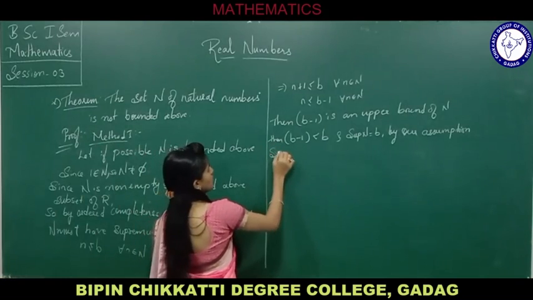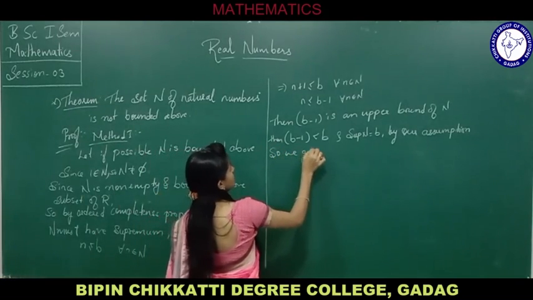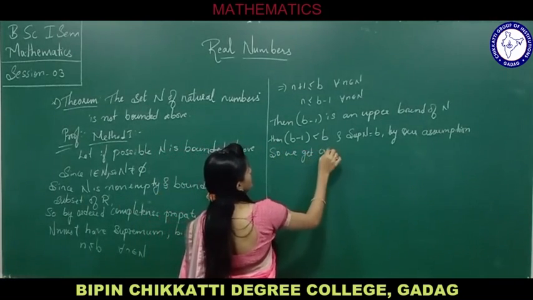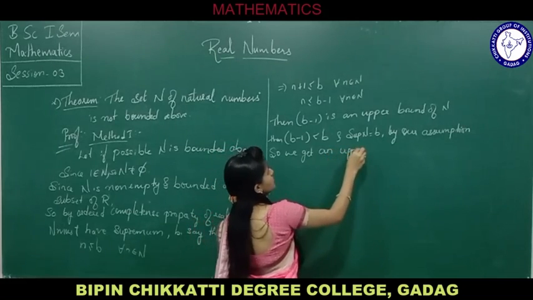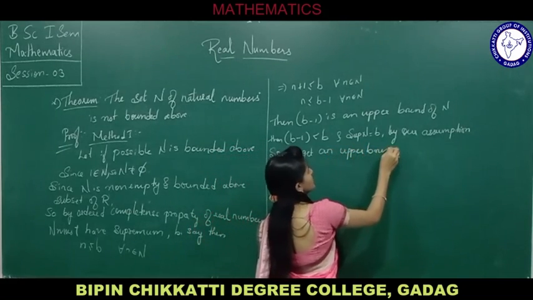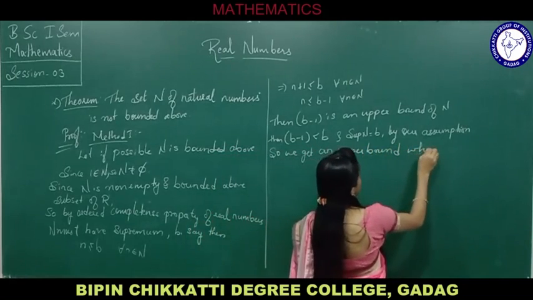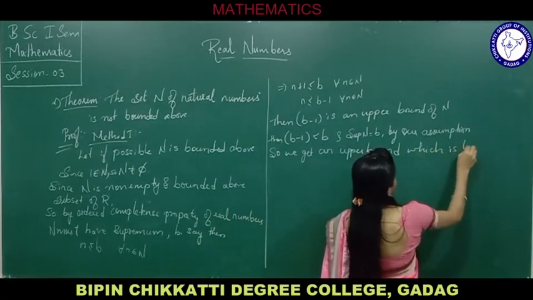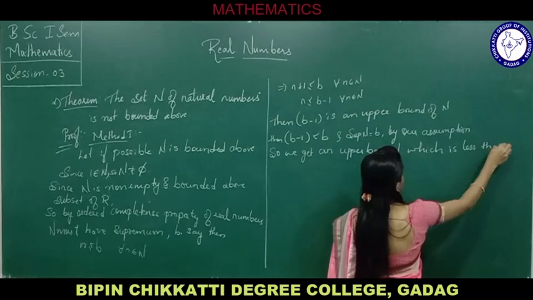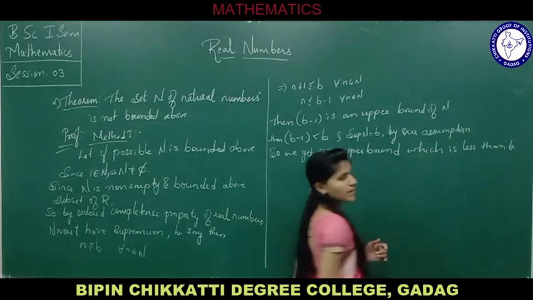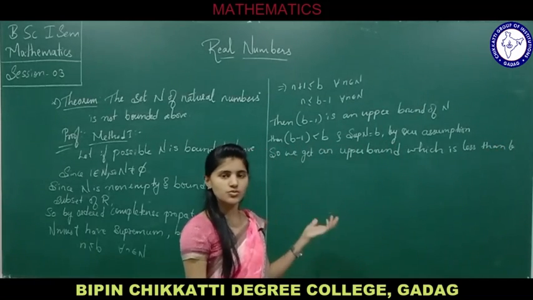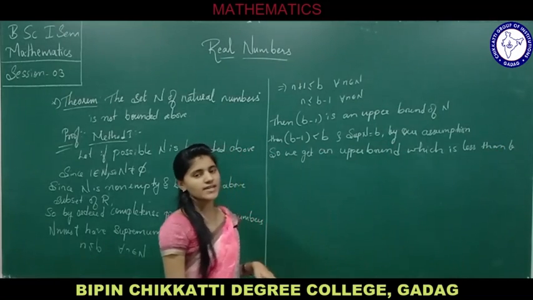So we get an upper bound which is less than B. But therefore this is going to be the contradiction, and hence what we got?